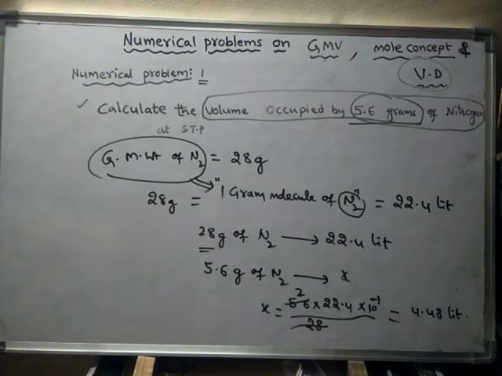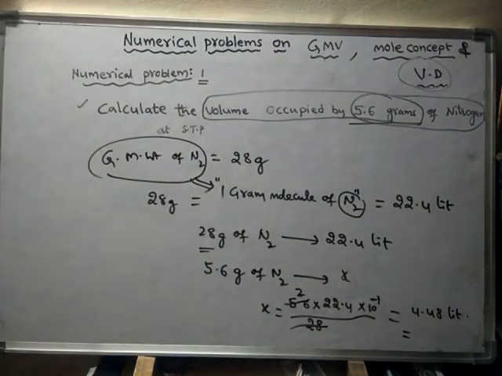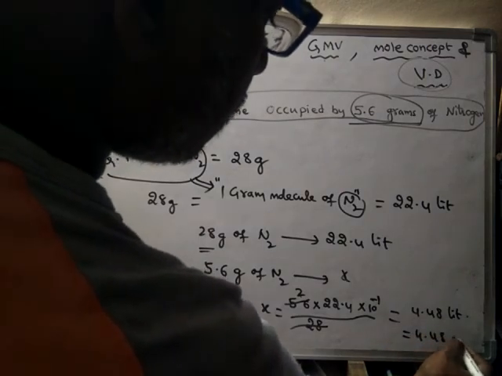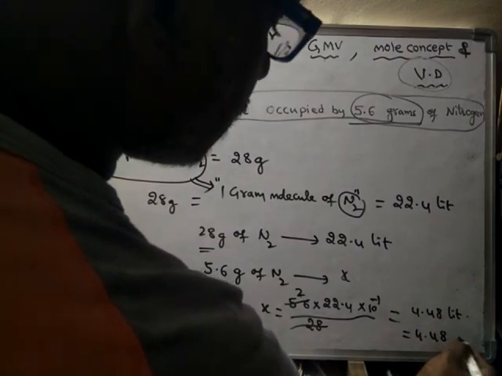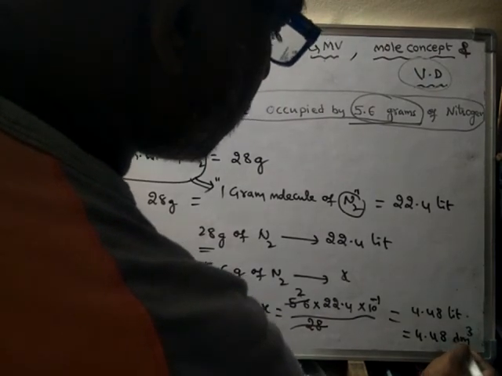So it occupies 4.48 liters, or 4.48 decimeter cube, because 1 liter is equal to 1 decimeter cube.